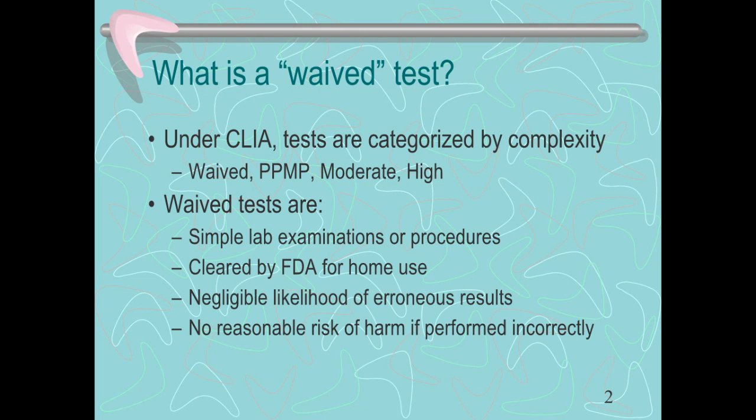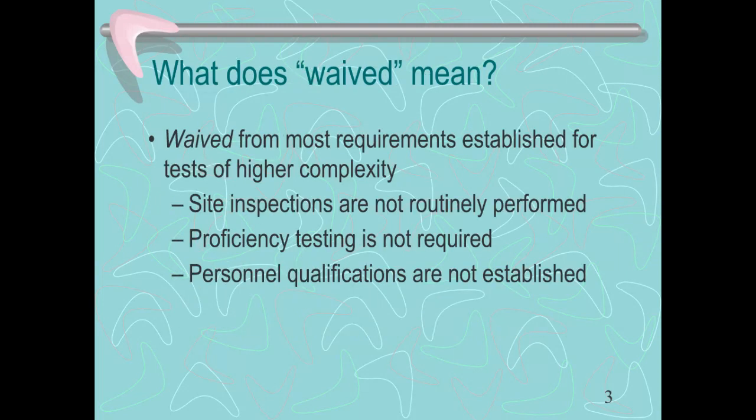You're going to have a list of them, which they call point of care testing. They're fairly simple to do, and there's a very narrow margin of having inaccurate testing. So what does that mean? What does waived mean?